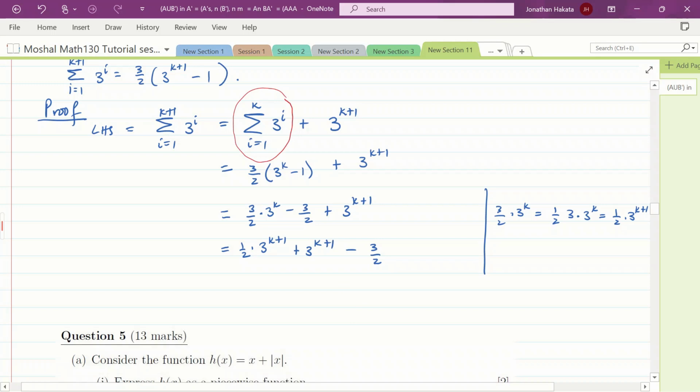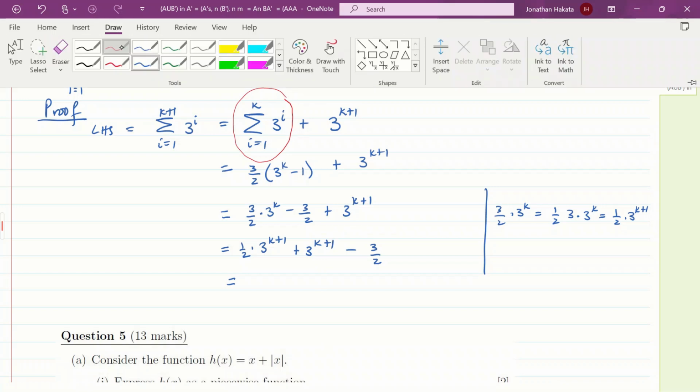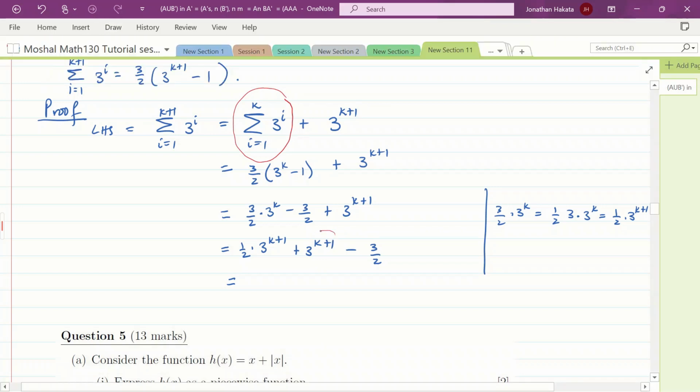So then what do you think should be done? If you look at these, we want to kind of combine these things. Let me take a different color. Look at this term that I'm circling.